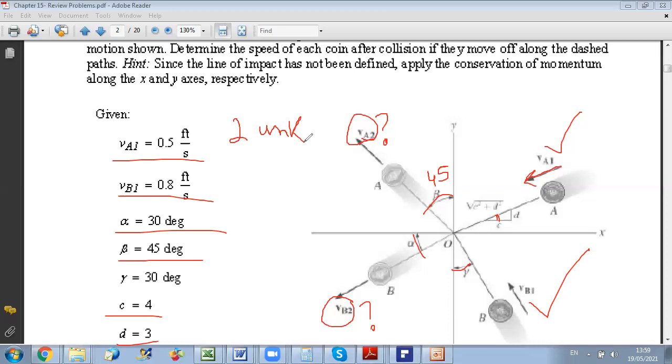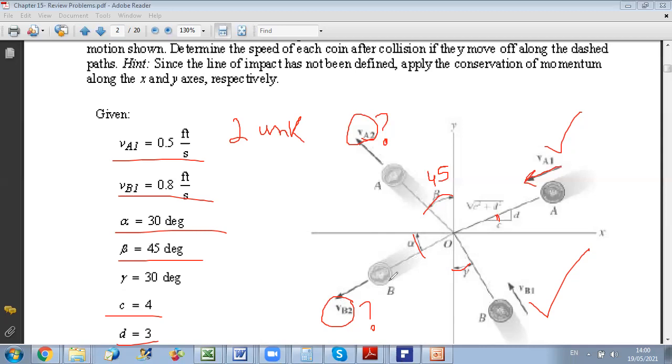In this case, since I don't know the line of impact, meaning the line along which I have the impulsive force, it's not in my interest to take A alone or B alone. The best option is to take the system A plus B. Then I apply conservation of linear momentum on the system, and since the conservation equation is a vectorial relation, I can apply it in x and in y, so I have two equations, two unknowns.